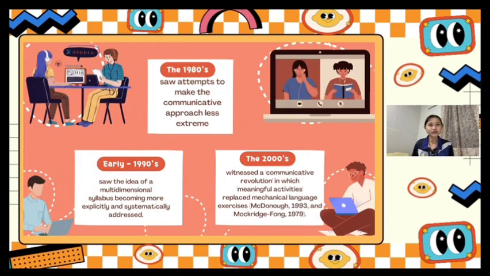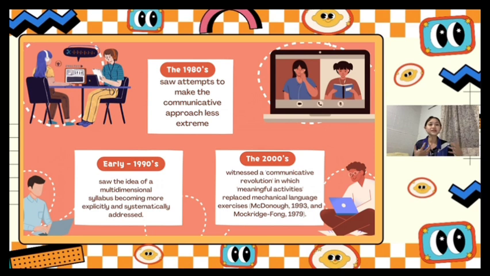Going along to the 1980s, educators greatly adjusted the communicative approach to balance both language use and linguistic knowledge, while the 1970s emphasized real-life communication, and some experts felt troubled that focusing too much on use neglected essential grammar and structure.